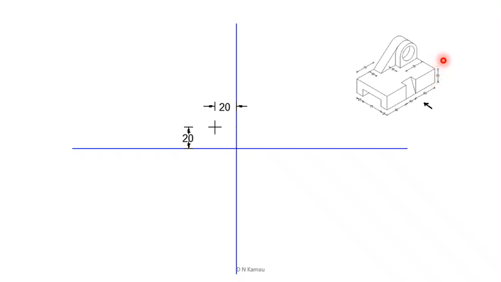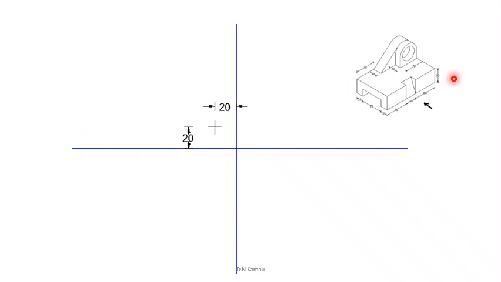So, we look at the measurements here, of which we have 80, and then 40, and then 40. So if we start here, we start with 80, and then 40, and then 80. Yeah, that would give us 200 millimeters.